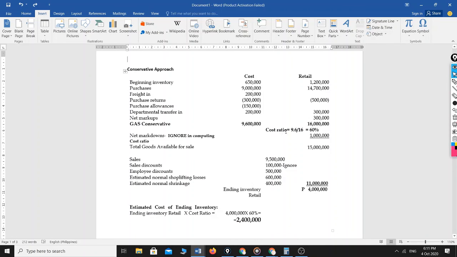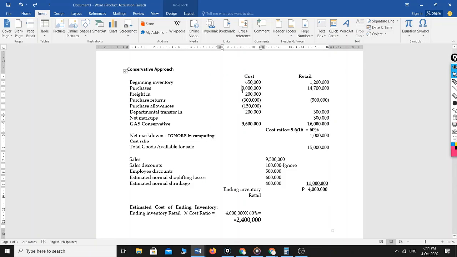So, you first compute the total goods available for sale using the cost amount and the retail amount. Same concept: beginning inventory plus purchases, plus markups and markdowns. You integrate that in computing the goods available for sale as to cost amount or as to retail amount.